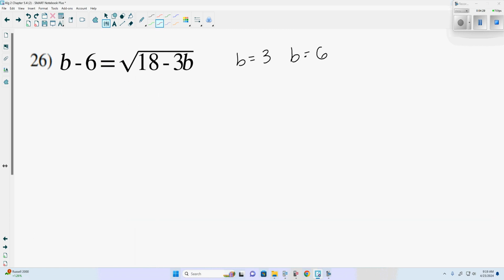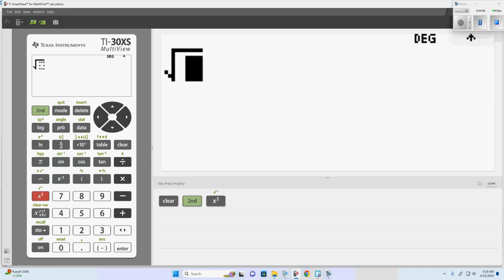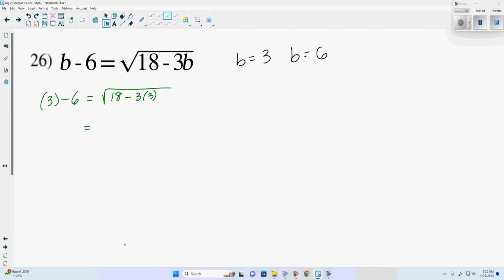Now, since we did get 2 solutions and one of our variables was outside the radical, it is going to be helpful to check these here. So we can plug it back in. So 3 minus 6 is equal to the square root of 18 minus 3 times 3. Now, if we look at the right-hand side, the square root of 18 minus 3 times 3 is 3.